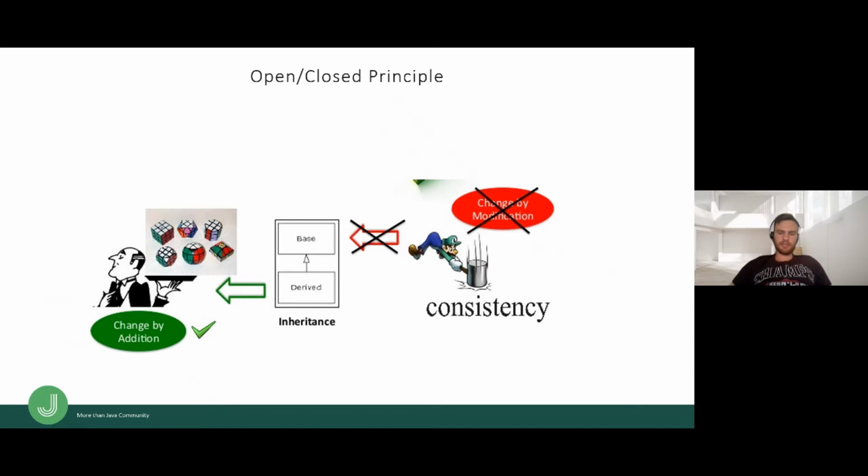If you would like to modify your existing logic significantly, it's better to create an inheritance, name it correspondingly and override your method, and other projects or modules that were using your class will continue working as they worked previously. But if someone needs a new version, he will use the other class. This is the idea of this principle.